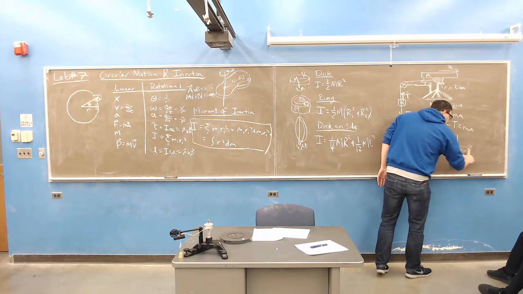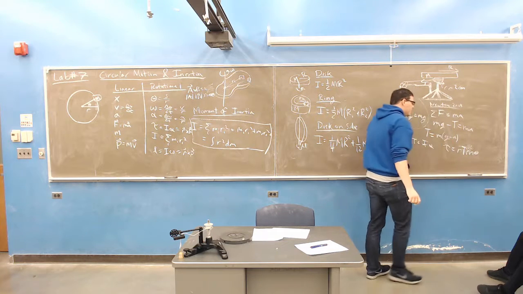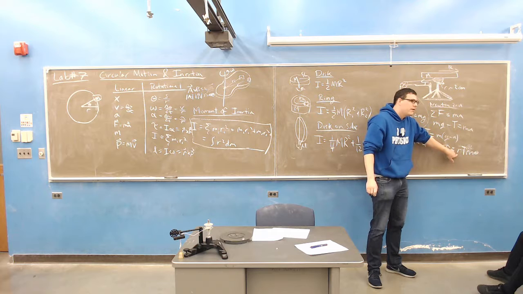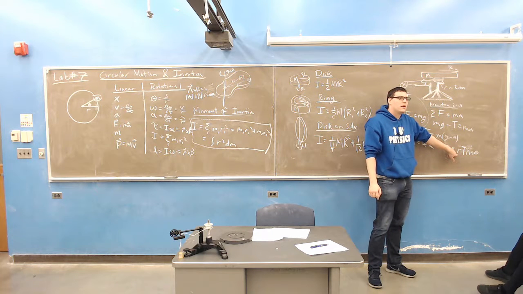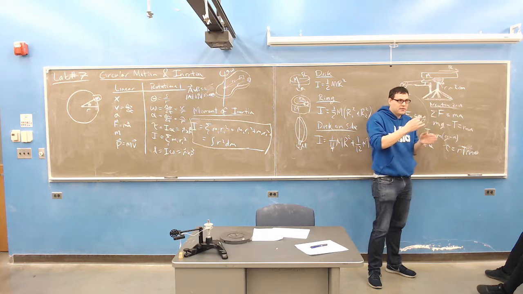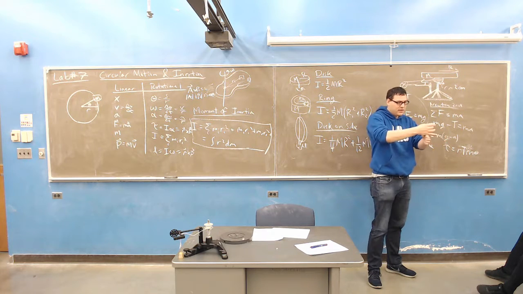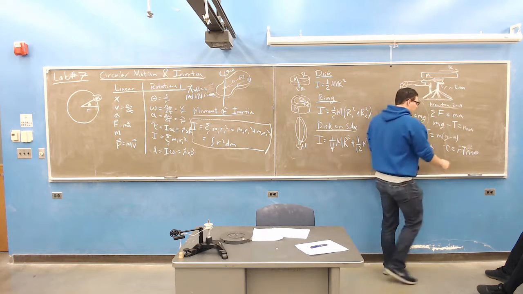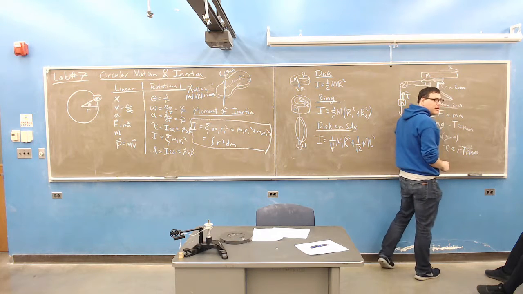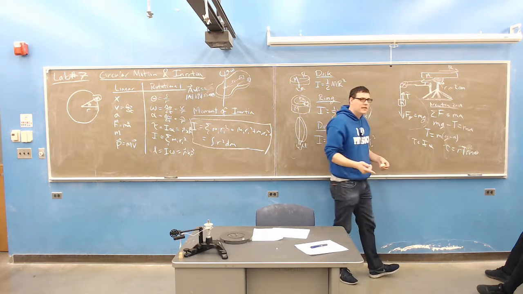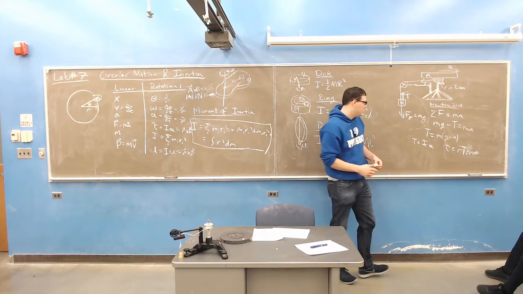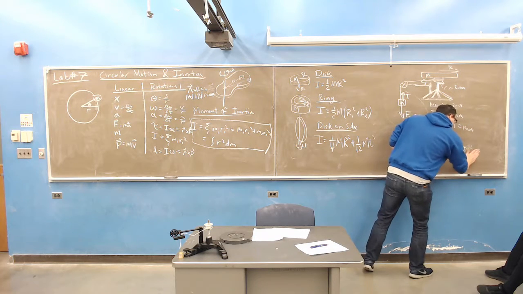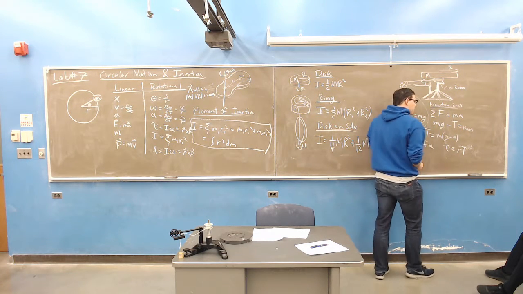So let me just write it like this: r T sine theta. What's the angle between the tension and the radius r? Yeah, they're 90, right? Because this is the radius, and it's always pulling at a 90-degree angle. So sine of 90 is 1. So we can get rid of the sine. So torque is also equal to r times the tension.